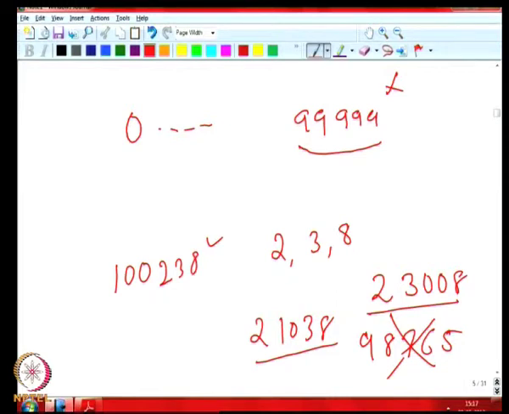A direct approach would be to count those numbers which have these digits, but then maybe in the first position 2 appears or second position 2 appears, but then 3 can also appear in the first position, and the issue is that they all should appear together, right. One can try to solve it directly, but it is a bit complicated.